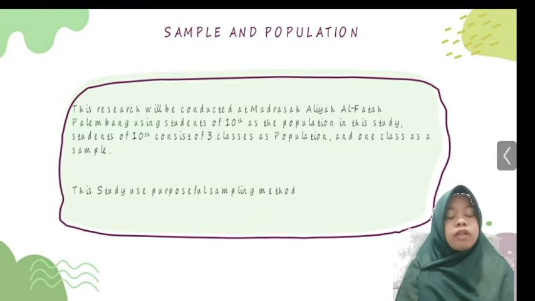Okay, next I will explain the sample and population. This research will be conducted at Madrasah Aliyah Al-Fatah, Palembang, using students of 10th as the population in this study. The students of 10th consist of 3 classes: MIA 1, MIA 2, and EIS.